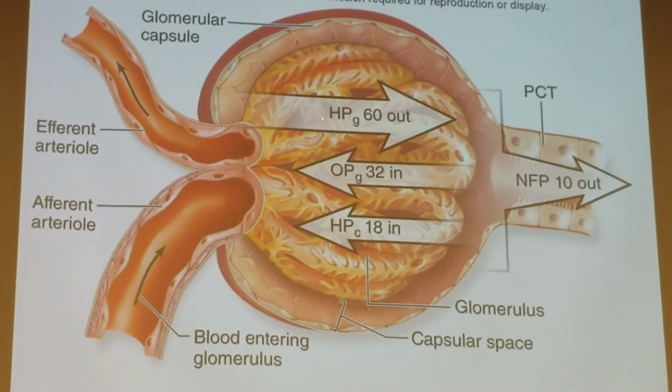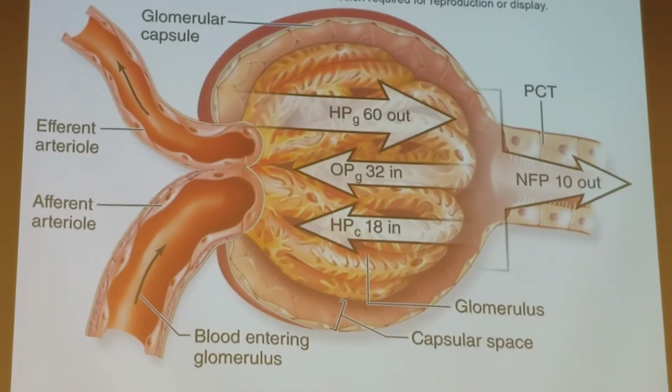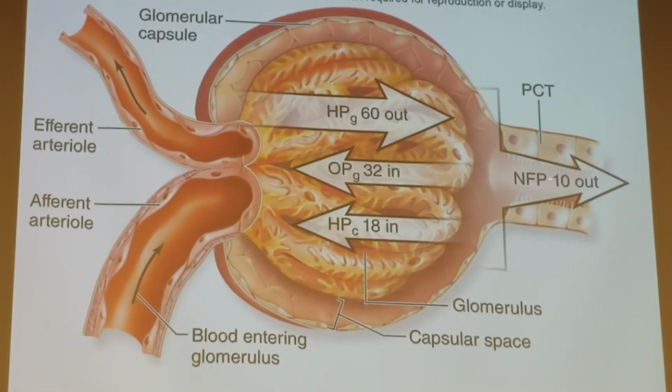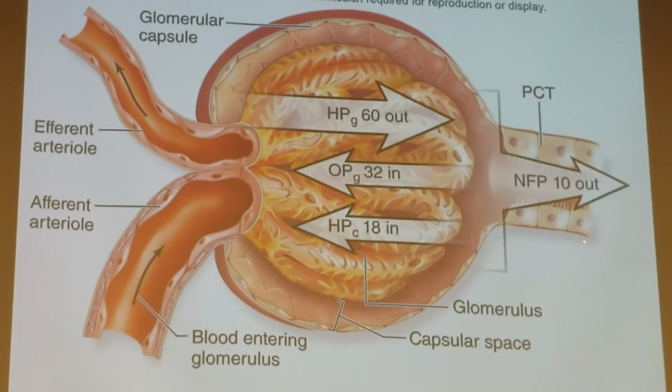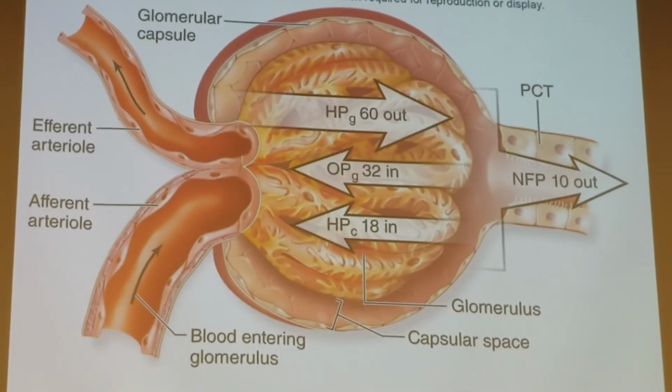I've got 60 trying to push out. Which one's greater? 60. The pushing out. By how much is it greater? 10. There's your 10. This is called the net filtration pressure.